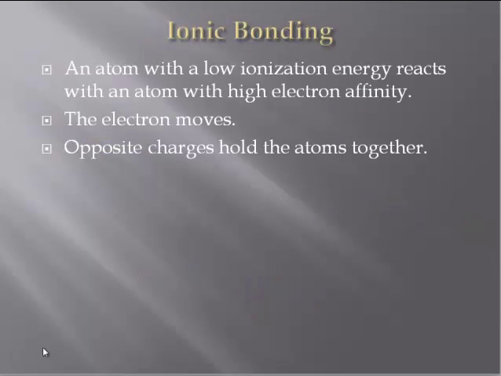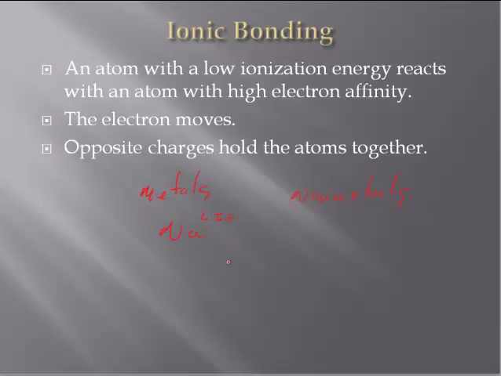All right, on to ionic bonding. Again, this is some review. So we know that ionic bonds usually occur between metals and nonmetals. And another way to think of it is metals like sodium tend to have a low ionization energy.